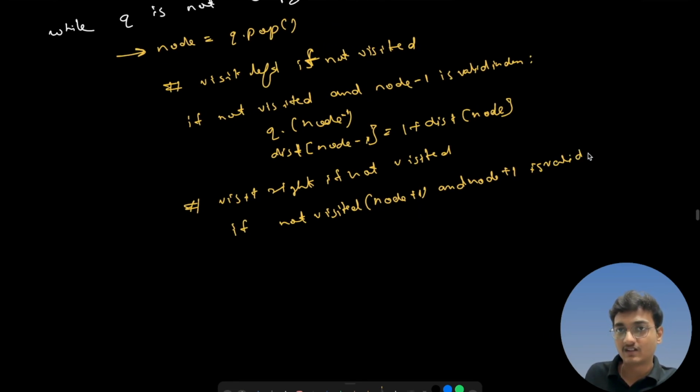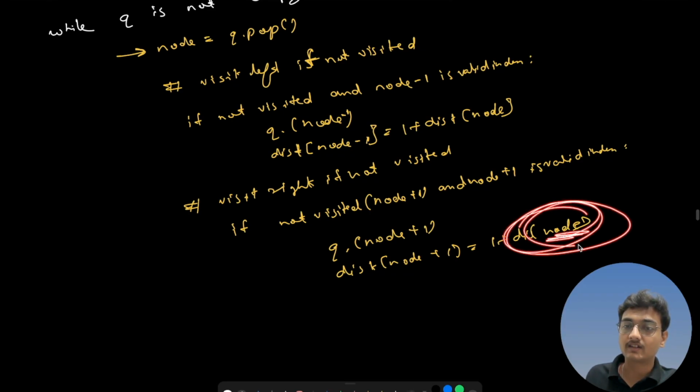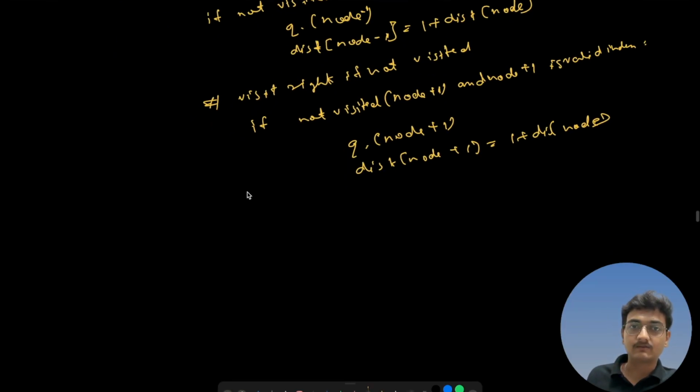If it is a valid index and it's not visited, then I need to put it in the queue, please visit it. The distance of node plus one equals one plus the distance of node. Same funda: if I require some distance to reach node, I can add one and reach this one. Yes, definitely I can.